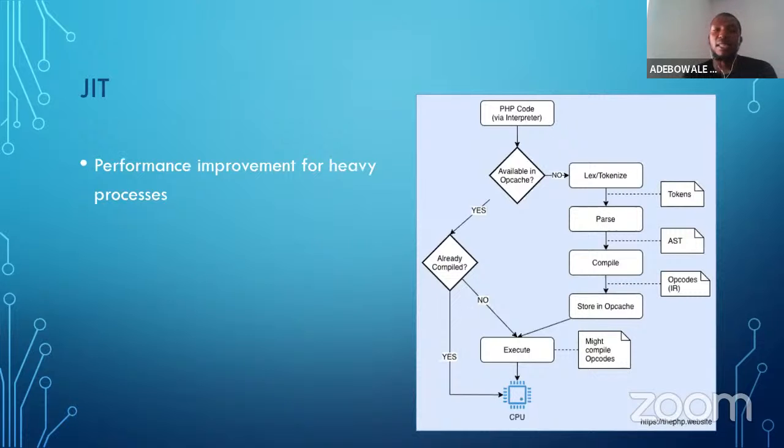Then apart from breaking changes, we have performance improvement in PHP 8. As we know that PHP is an interpreted language, so it has to be compiled before it's understood by a computer.